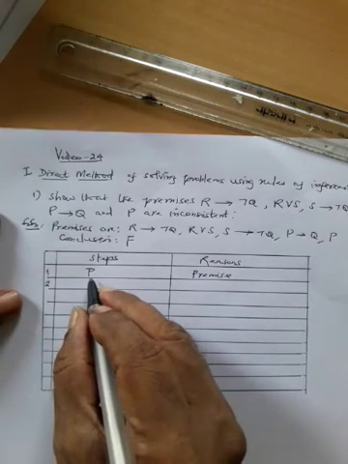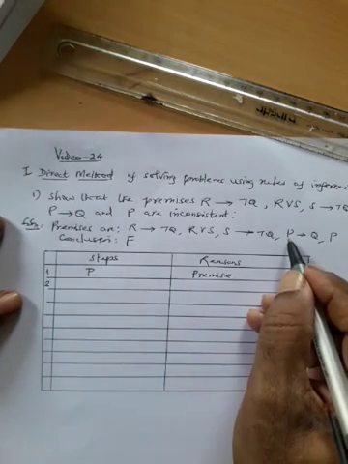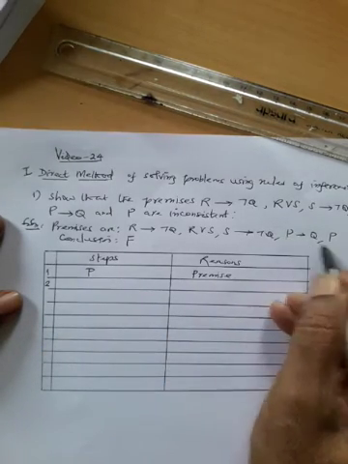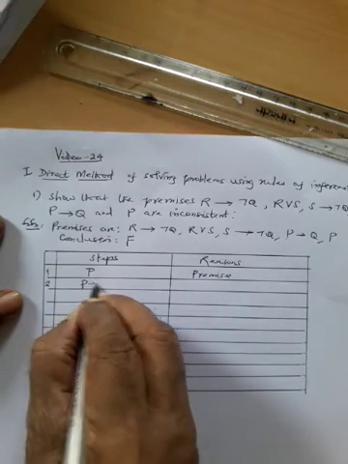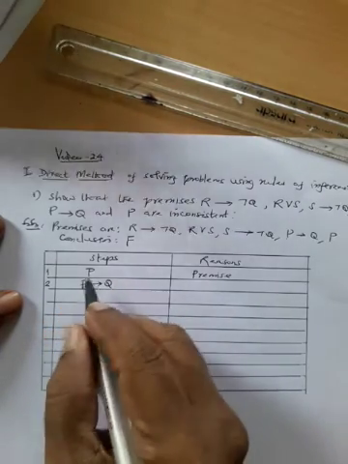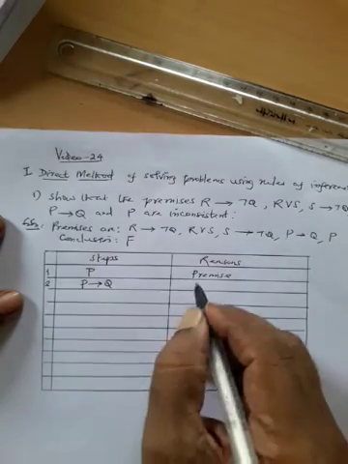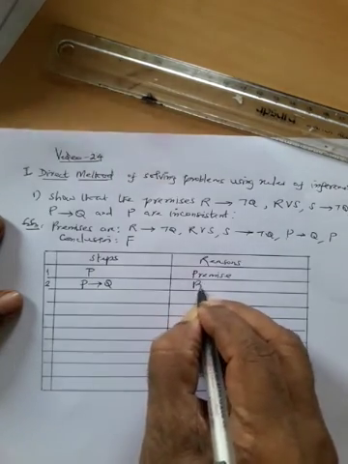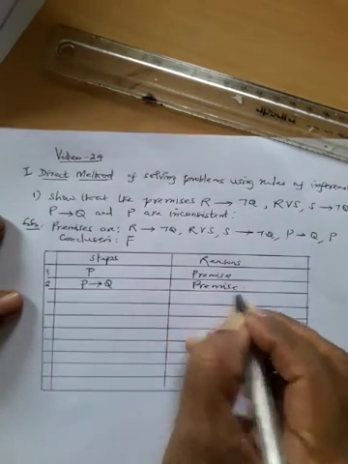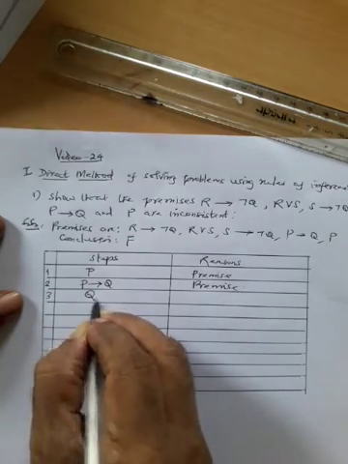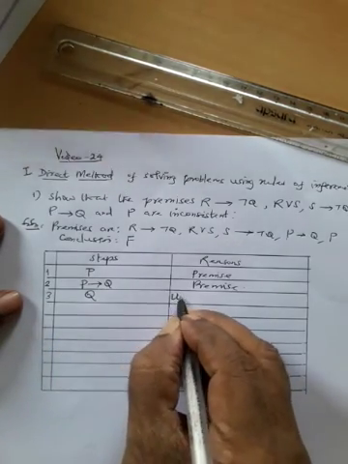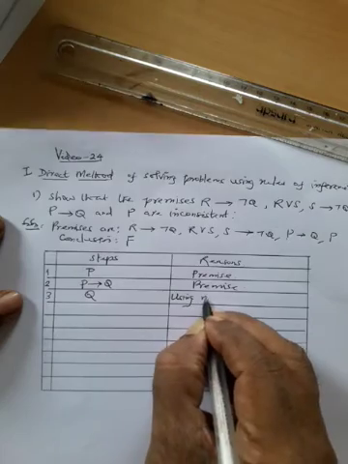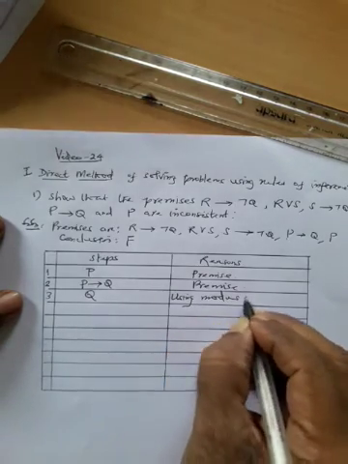Then, having P with us, we can take the next premise P conditional Q. You have P and also P conditional Q. This is also a premise.